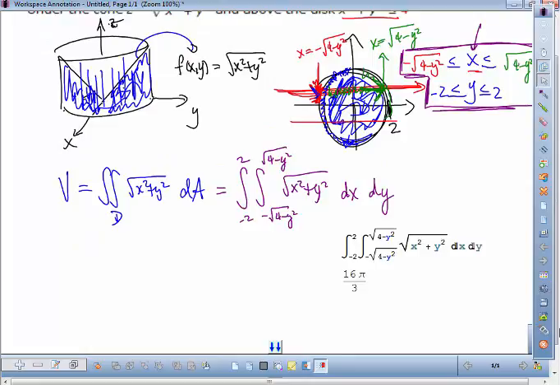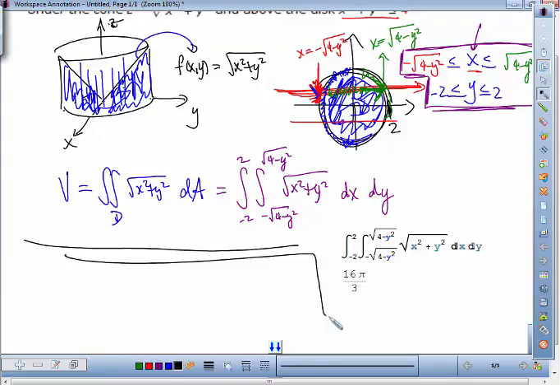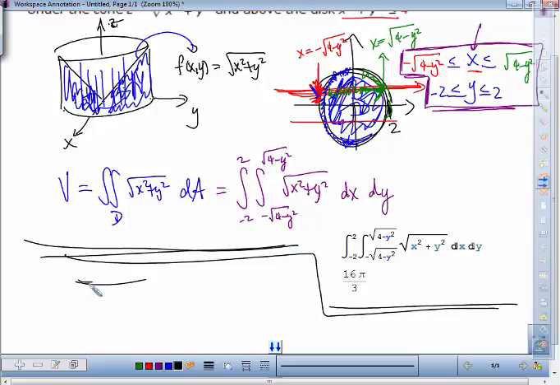So let's stay on this page, and what if we wanted the actual volume of the cone? How do we set up our integral?